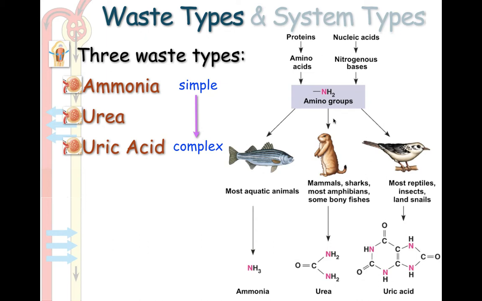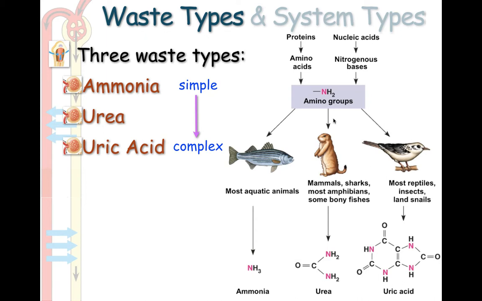And it does this in one of three ways, by producing three different chemicals, which vary in their chemical complexity, but they also vary in terms of how much water is necessary to get rid of the particular waste type. The different waste types are ammonia, urea, and uric acid, with ammonia being the chemically most simple and uric acid being the most complex.